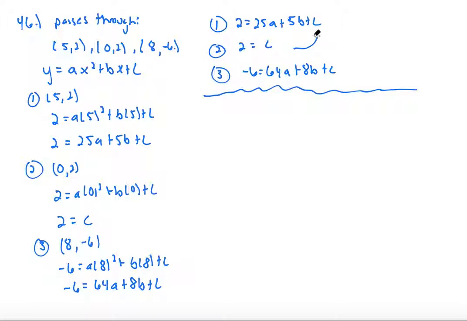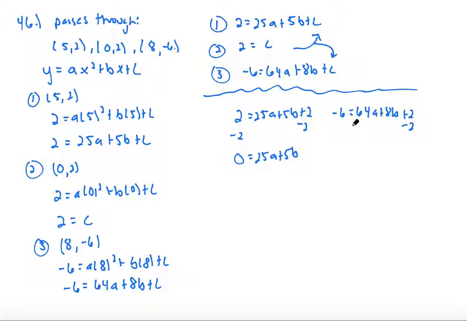So I'm actually going to use substitution and substitute in c equals 2 for both of those equations. So 2 equals 25a plus 5b plus 2 simplifies, so I can subtract 2 from both sides. I have 0 equals 25a plus 5b. And then the other equation, negative 6 equals 64a plus 8b plus 2. Subtract 2. So we have negative 8 equals 64a plus 8b.